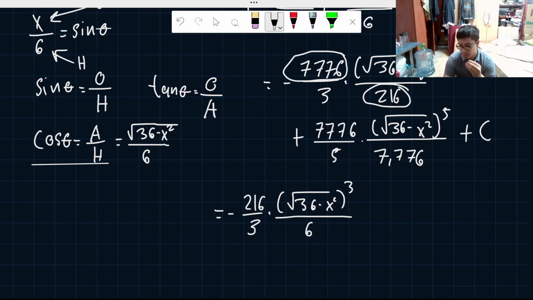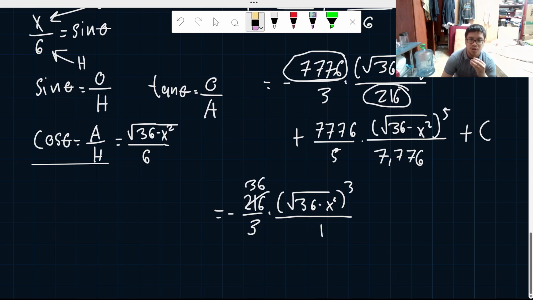Let me take a look. Wait. Okay, 216 divided by 36. Wait, oh, 6. Okay, sure. There's no problem. But we can still simplify 216 by 6, because 216 divided by 6 is exactly 36, and 6 divided by 6 is 1.